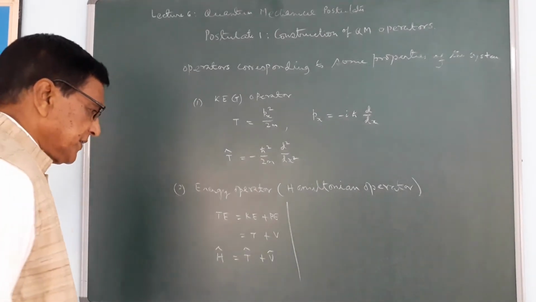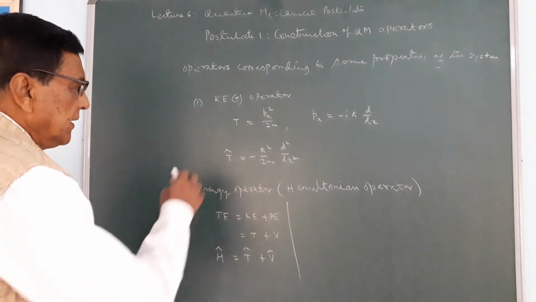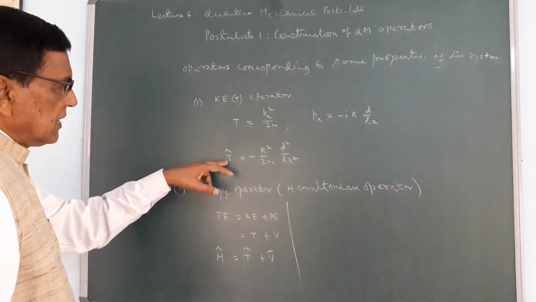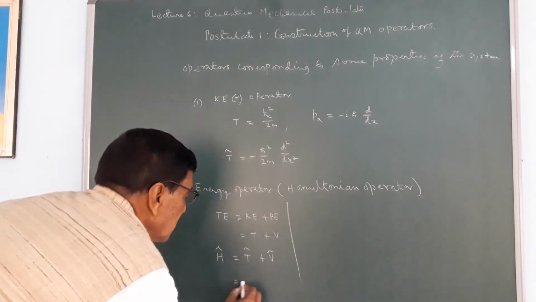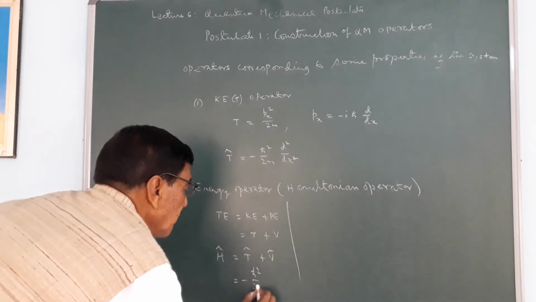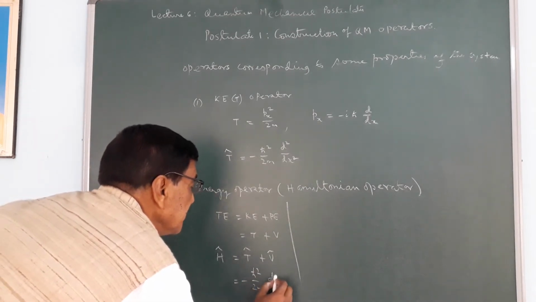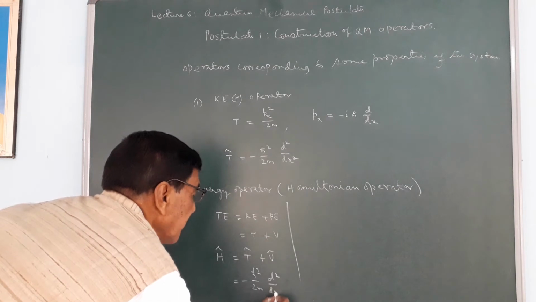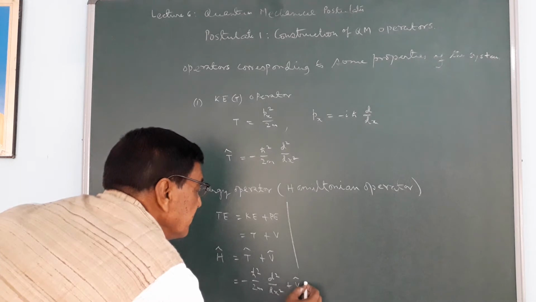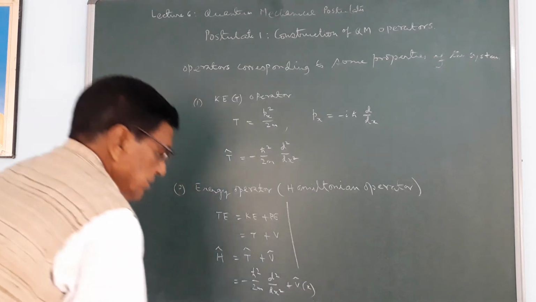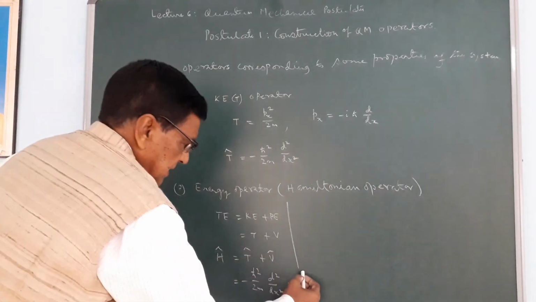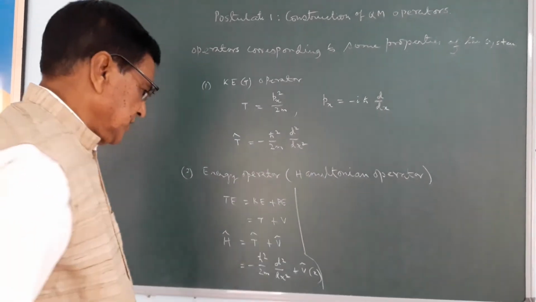These are the operators. Already I have formulated the operator for the kinetic energy, which is equal to minus h cross square divided by twice m, d2 by dx square, plus this V cap, which is a function of x. The potential energy depends on the position along the x axis.